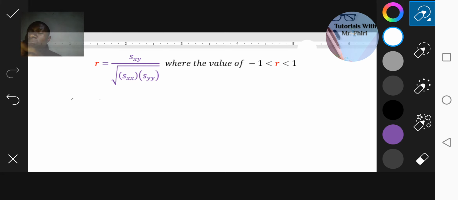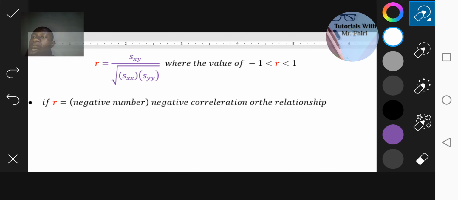Now, the way we tell is by looking at the value of r that we get. Remember we said the value of r is between -1 and +1.